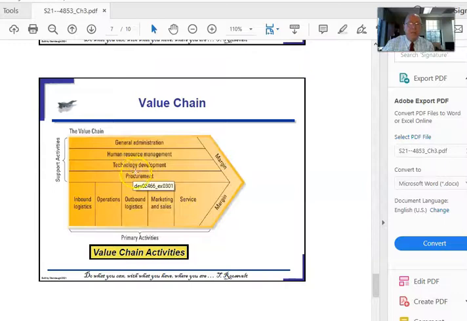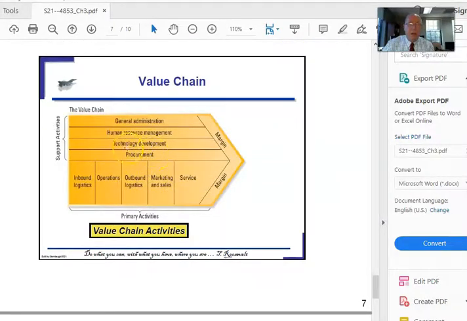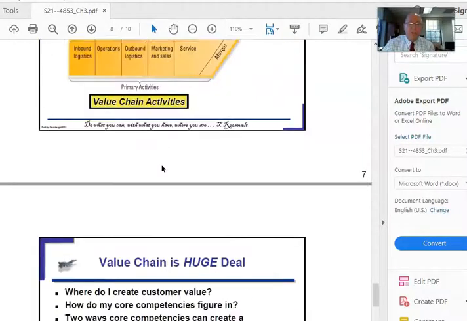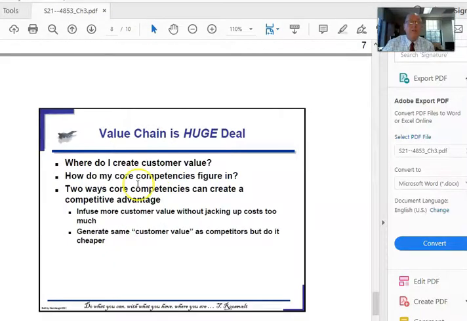Value chain concept is very important, and really perhaps the greatest importance of understanding the value chain is how we practice it and apply it in the Chapter 4 discussion, but you're going to want to understand this.